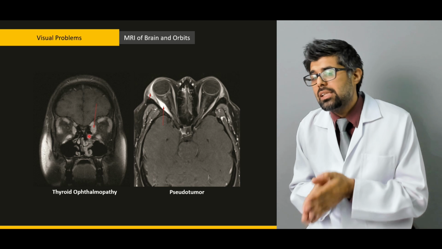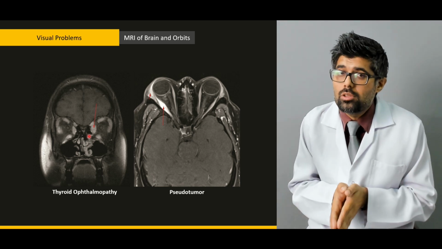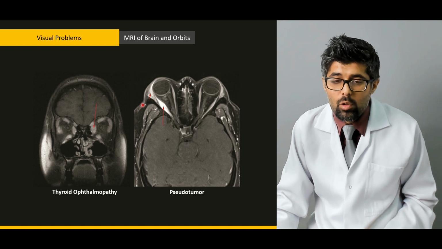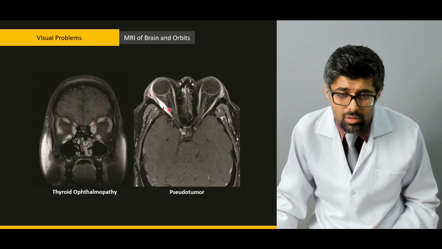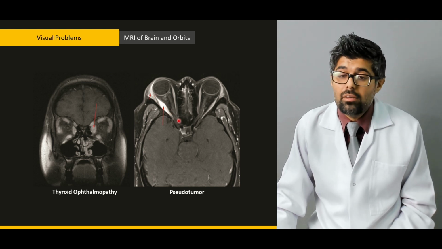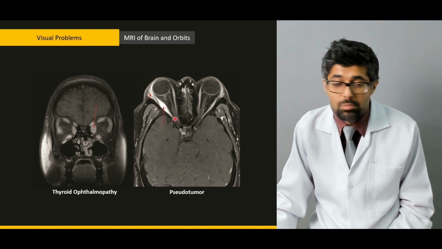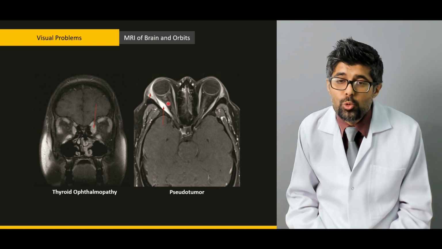Sometimes there are masses which look like a tumor but actually are not. Here is an example of the right lateral rectus. This right rectus is hypertrophied and looks like a mass but it's not. So it's an example of a pseudotumor.